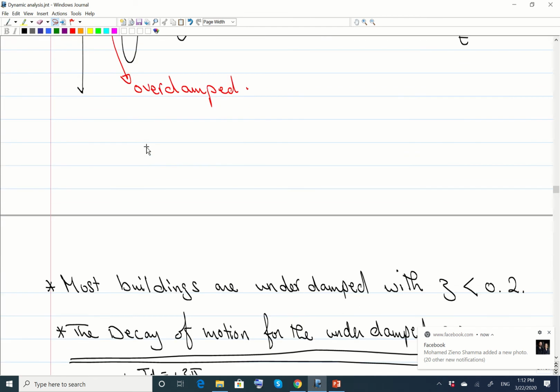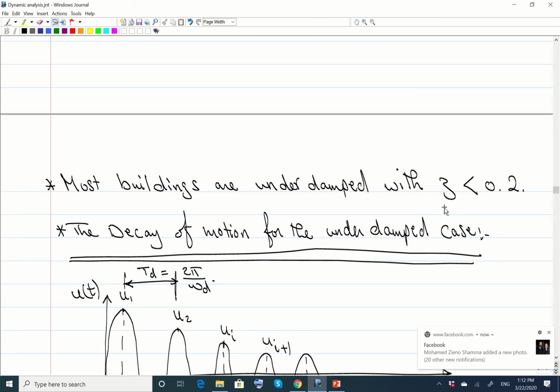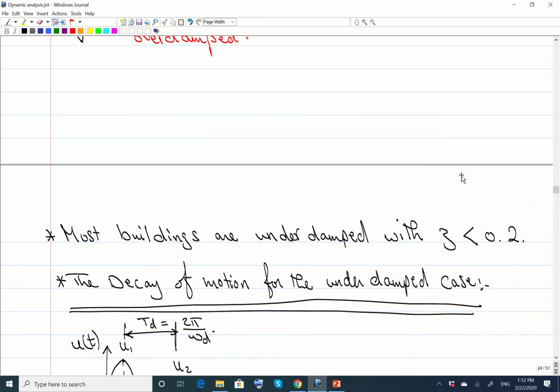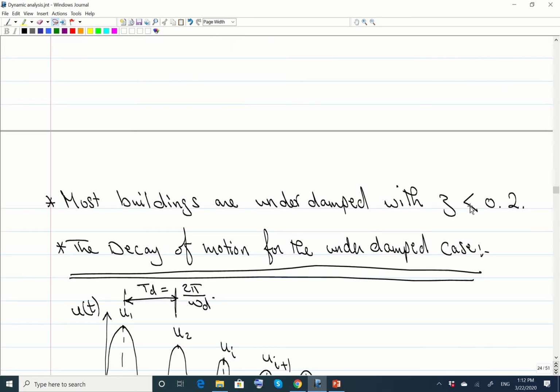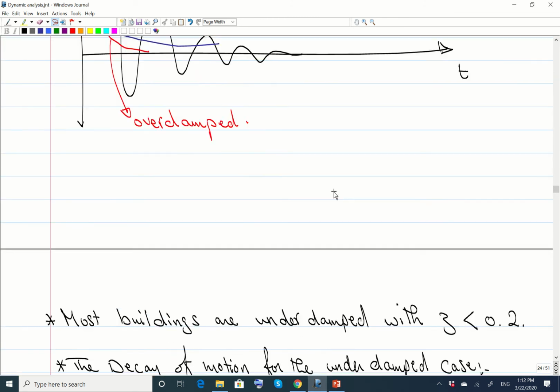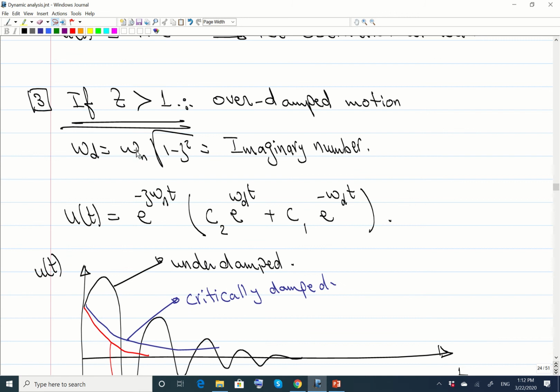Okay. Now the values of zeta, for most buildings, zeta is usually less than 0.2. So if you compare omega d by omega n, if zeta is, let's say, 0.2, omega d is omega n multiplied by square root of 1 minus zeta squared. 0.2 is like the average or normal value for normal structures. It's around 0.2, 0.3 maximum.